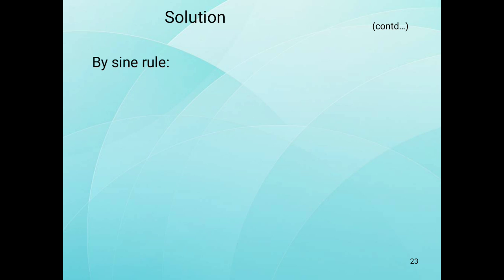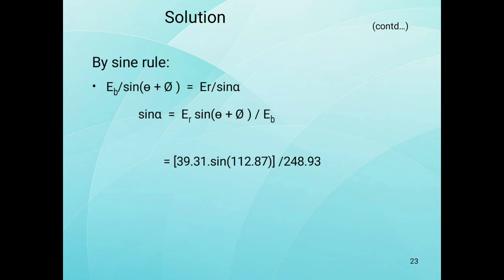Now applying the sine rule, EB by sine of theta plus phi is equal to ER by sine alpha. Now sin alpha is equal to ER sin of theta plus phi by EB, that is equal to 39.31 sin of 112.87 divided by 248.93, which gives 0.1455, that is sin alpha.